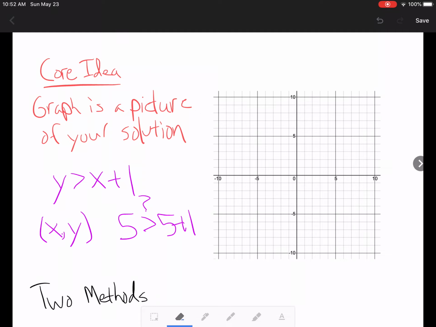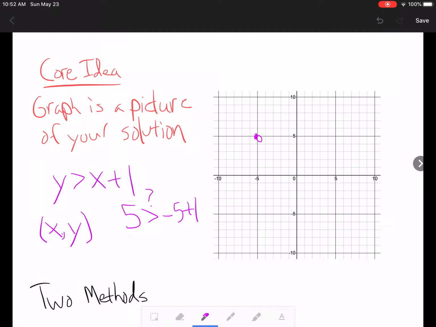But then we start thinking of maybe some other points that would work. Maybe if we went negative, things would start working here. So let's try another one. This time, let's try negative 5, 5. Is 5 greater than negative 5 plus 1? And it is. And then we can take some more points and probably get something that would work out just as fine.